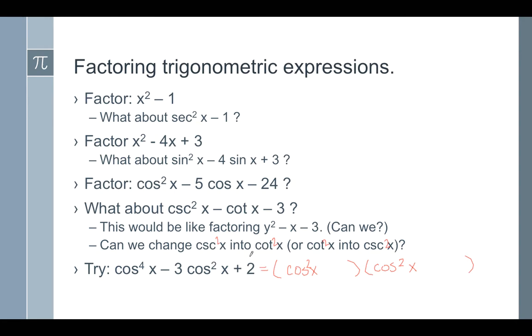And the only way to get a positive 2 and a negative 3 is to say a negative 2 and a negative 1. And the reason we like to do this now is actually because we can change cosine squared x minus 1 into a negative sine squared x, if you remember from before, the problem we did towards the beginning.